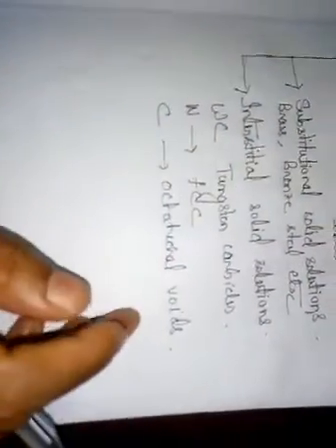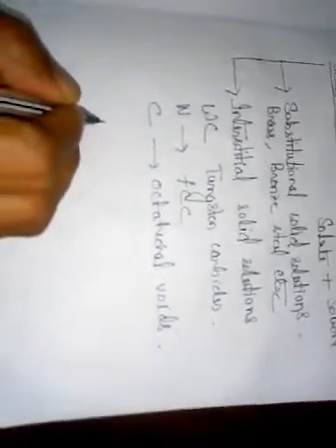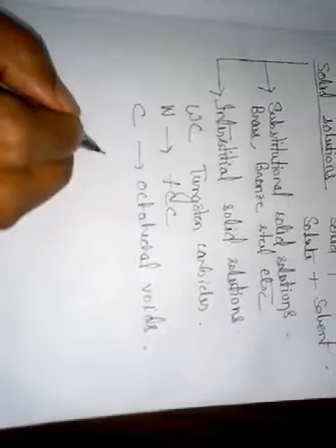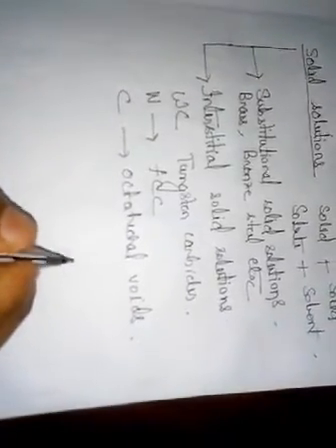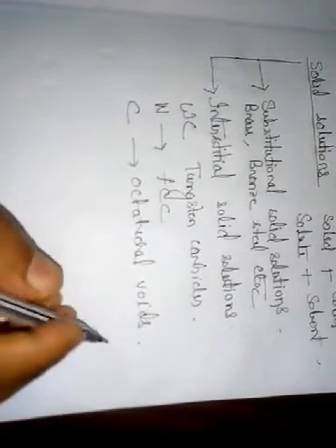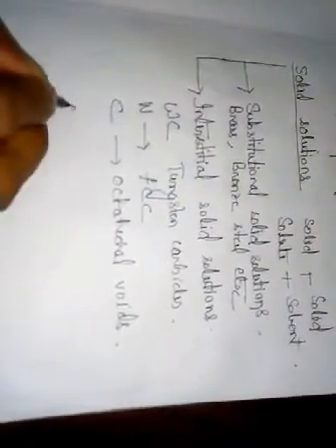So let me explain the substitutional solid solutions. If some atoms, ions or molecules of any solid present at the lattice sites are replaced by some foreign atoms, ions or molecules of another similar solid having similar size, then the solid solution which is obtained is called substitutional solid solution.